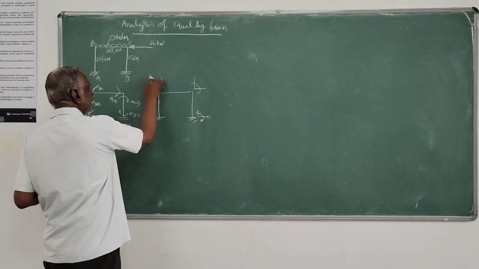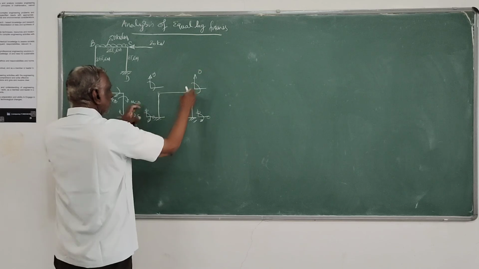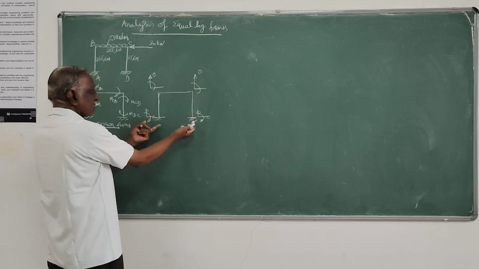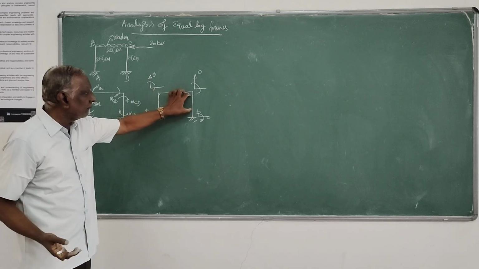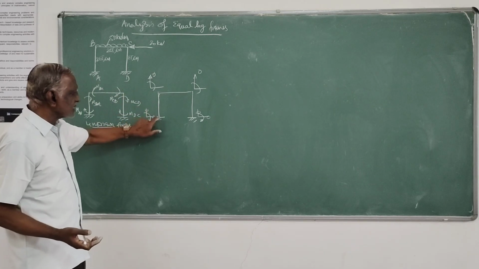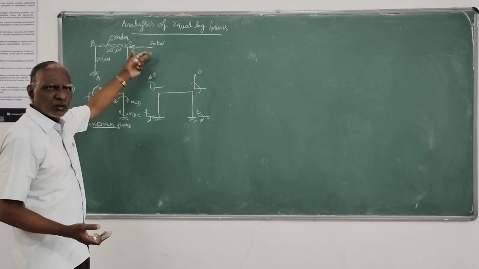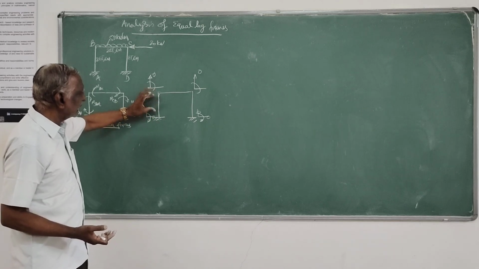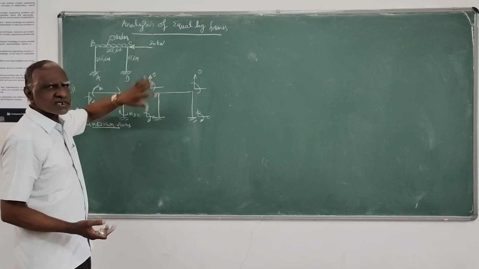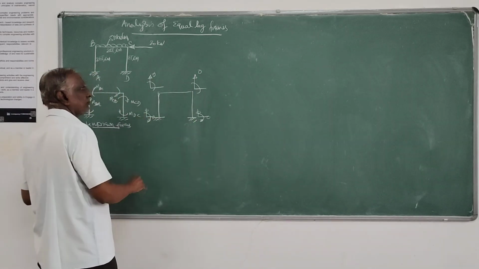Here, the vertical displacement at these 2 joints is 0 because these columns are fixed at the base and the members are axially rigid. This end, though it could move up or down, cannot do so because the column is fixed and axially rigid. So this is also not possible.